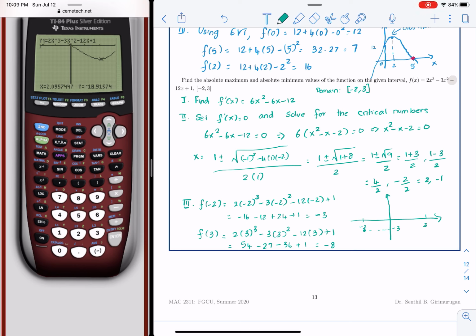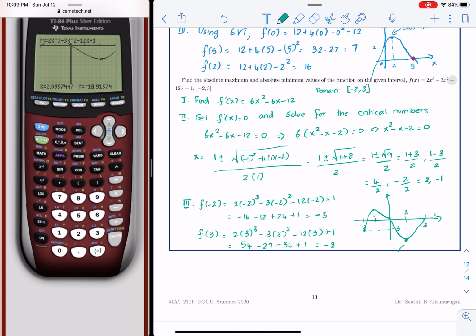And at negative 1, I have a point up here. So the curve kind of goes like that. And at 2, I have a point right here, and it goes actually lower than that, and it goes up there.